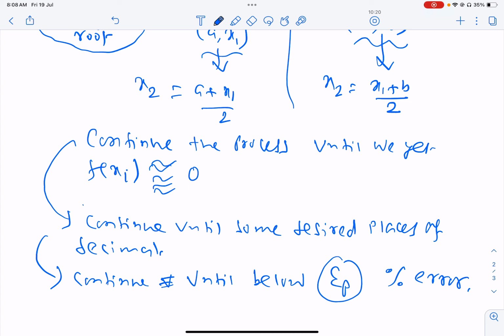So that is the way the bisection method works.